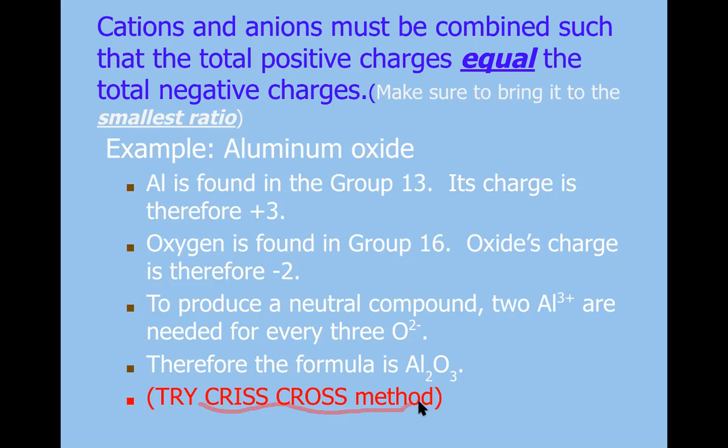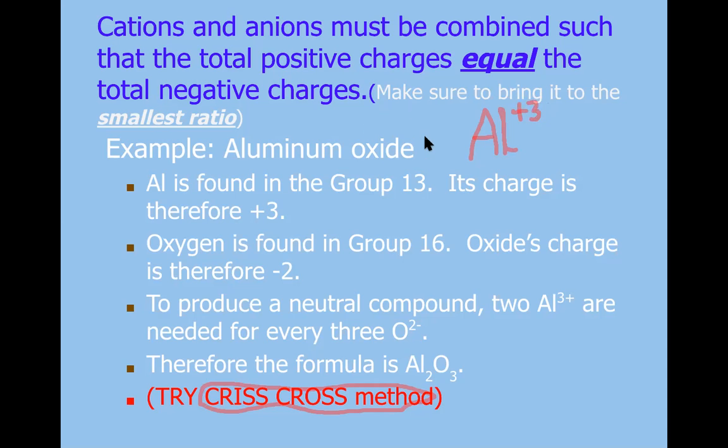You might be thinking why that is called crisscross. Are we doing some crisscross things? Yes, you are. Now we are going to see that. Okay, so aluminum oxide. I know the symbol for aluminum is Al, and the charge for aluminum is 3 positive because it loses 3 electrons.